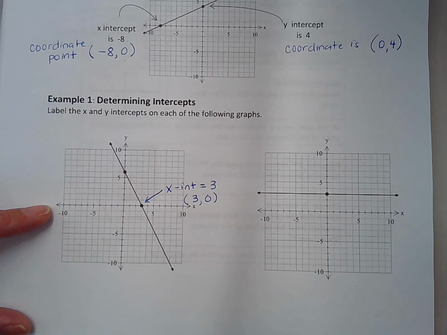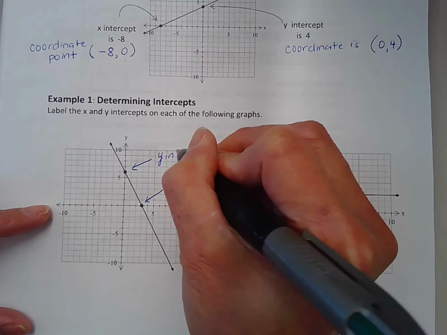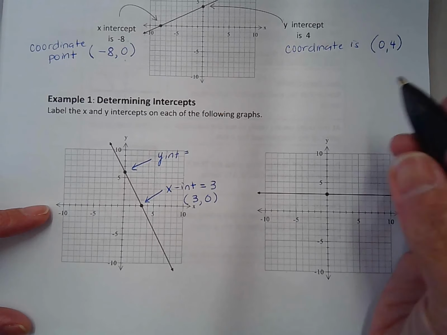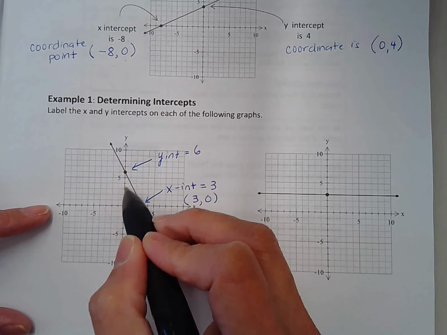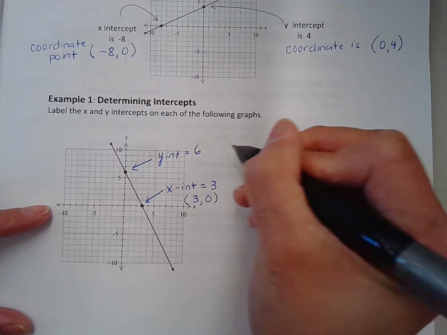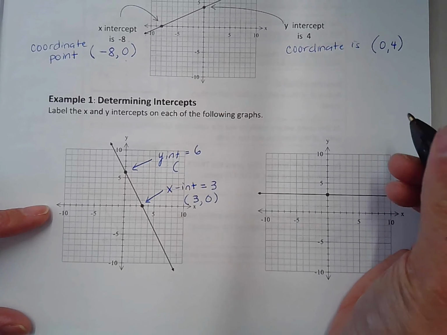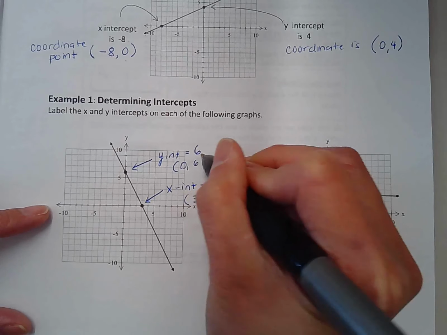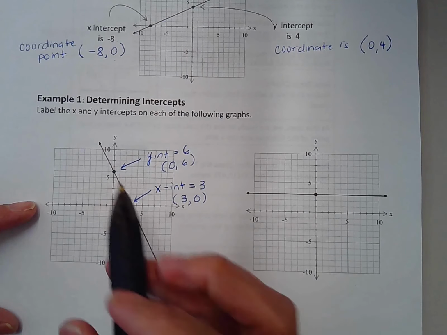Yes. Is that okay? Now this is the y-intercept. What's the y-intercept? Y-intercept is 6, right? And what's the coordinate? X is 0, y is 6. 0, 6.